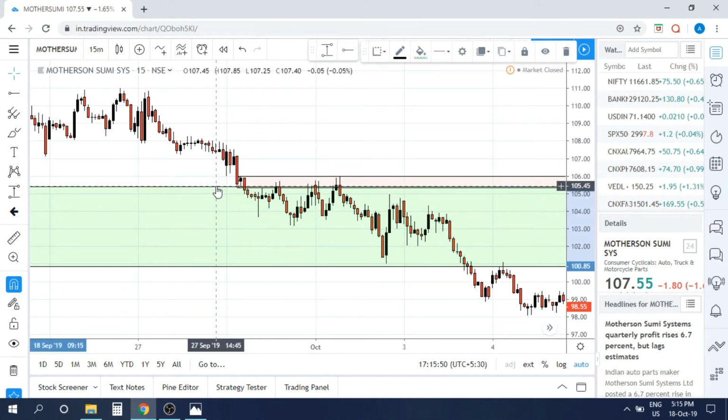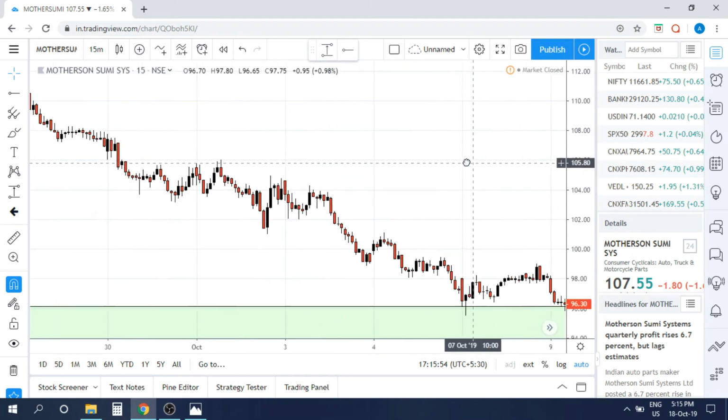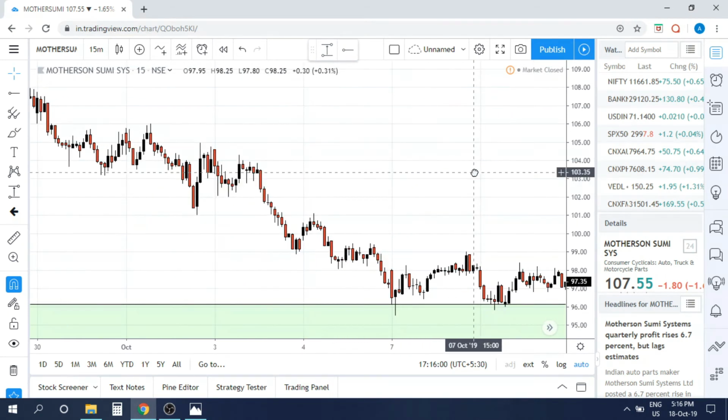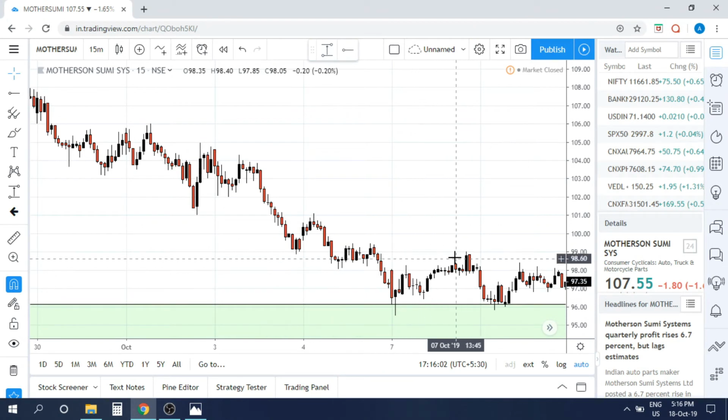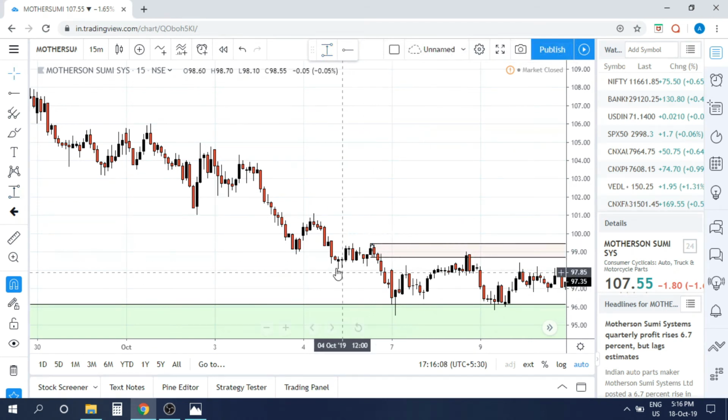So let me delete this one, right? This one as well. So now let's come to the lower demand zone from the daily chart, right? This is the lower one, and so price entered here, showed some kind of an up move, but did it eliminate the supply here? The last somewhat okay, good looking supply, right?